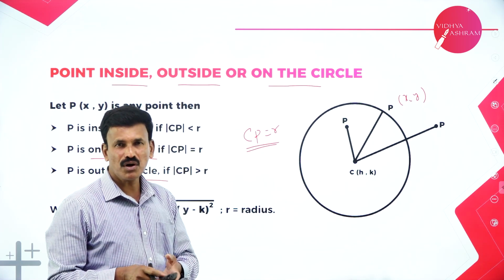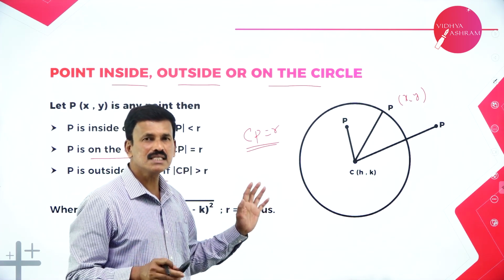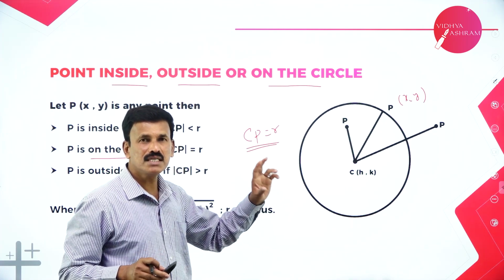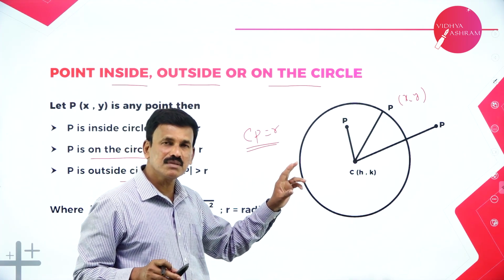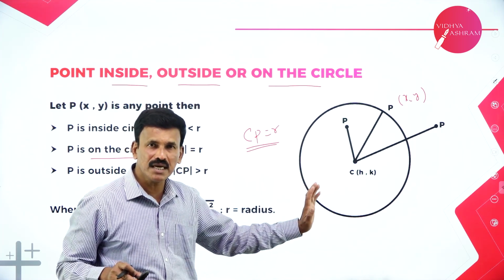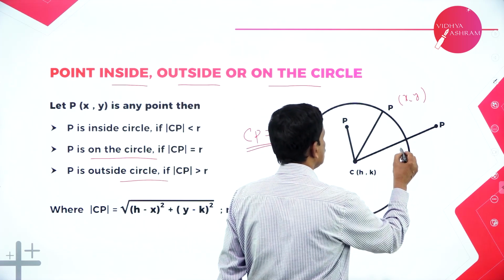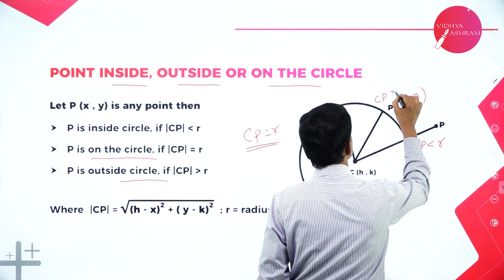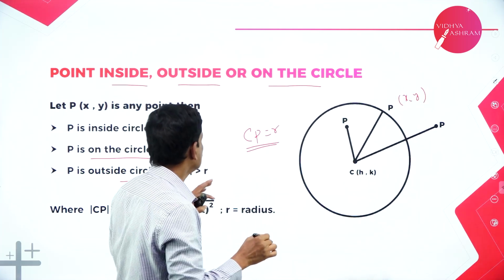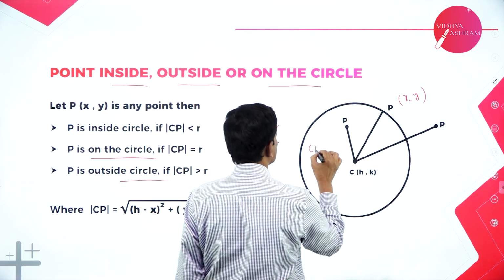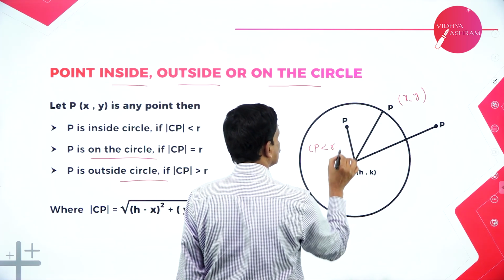So if the point P lies inside the circle, CP is less than the radius. If the point P lies on the circle, the distance from C to P is equal to the radius.